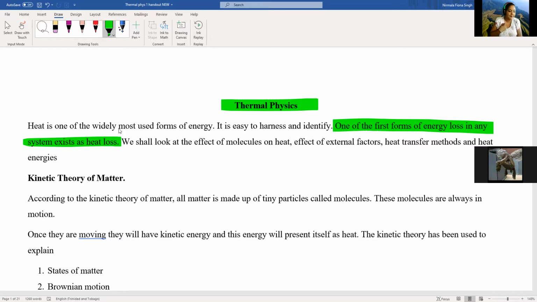So anytime we deal with a system, anytime we look at how energy behaves, the law of conservation of energy, our first suspect for missing energy is heat loss.